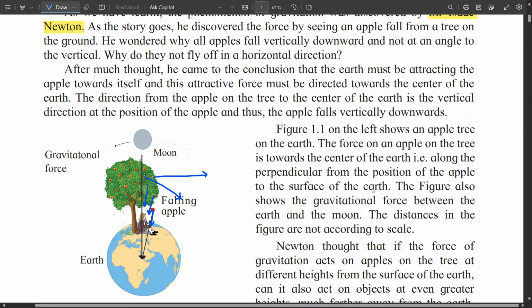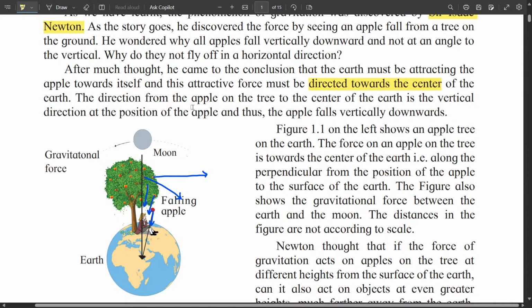This observation led Newton to think about the force which is attracting all these apples, and for that matter any other object falling on the surface of the earth. After much thought, he came to the conclusion that the earth must be attracting the apple towards itself, and this attractive force must be directed towards the center of the earth.